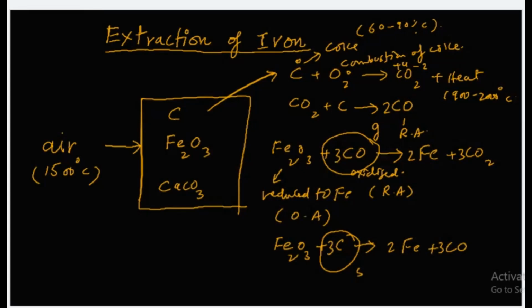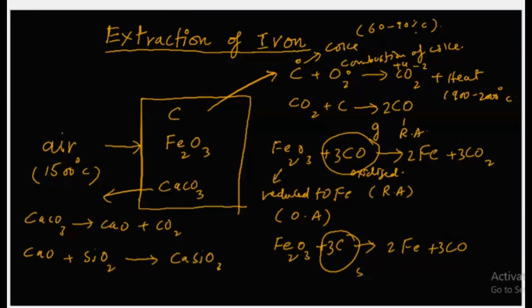Now, what is the purpose of the calcium carbonate or limestone? Calcium carbonate decomposes to give calcium oxide and carbon dioxide, and calcium oxide combines with the impurity of the hematite, which is sand, to make silicate.